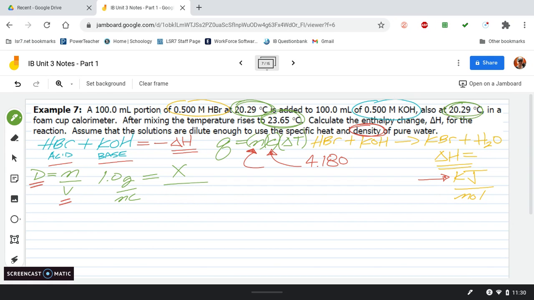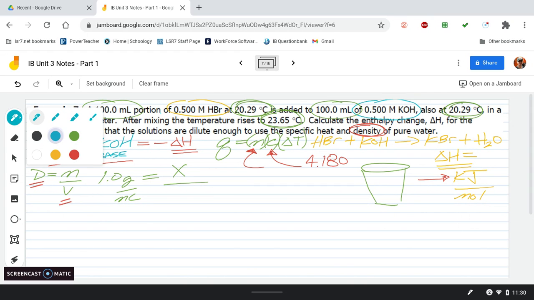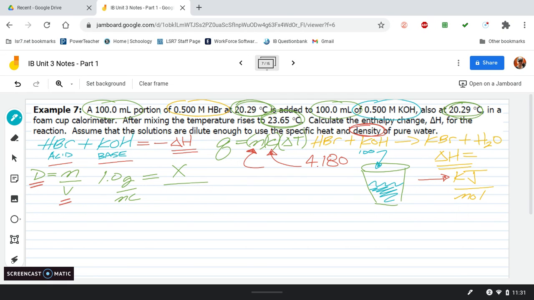Well, volume is really easy here. We had 100 milliliters over here and 100 milliliters over here. So we had 200 milliliters because basically all of that stuff is in the same calorimeter, right? So it's all in here. We put in 100 milliliters and we put in another 100 milliliters, and obviously 100 and 100 is 200.